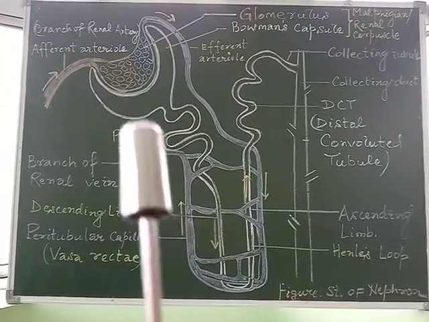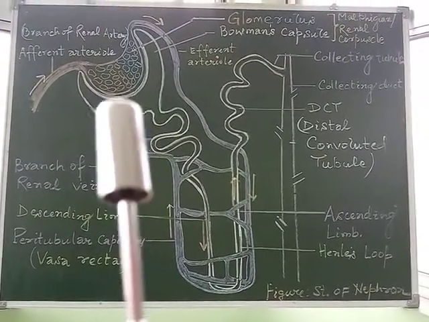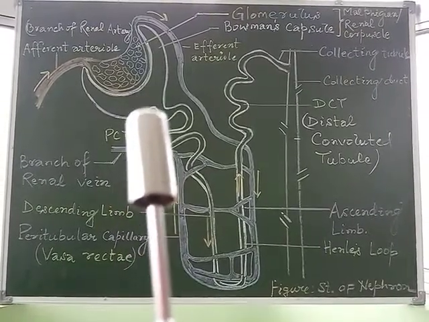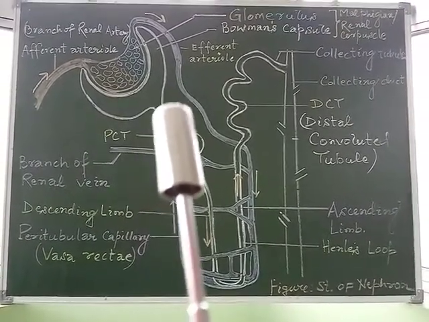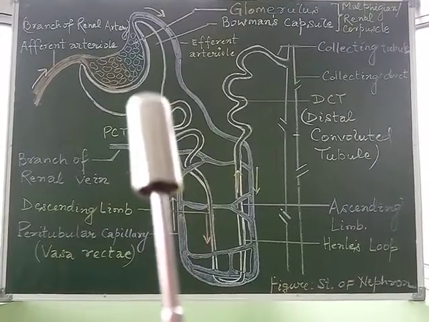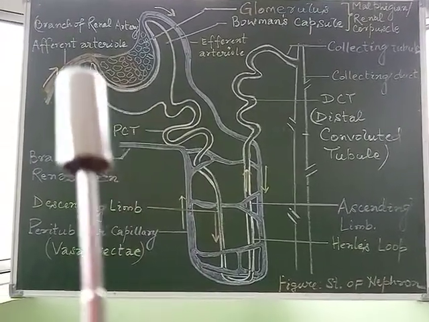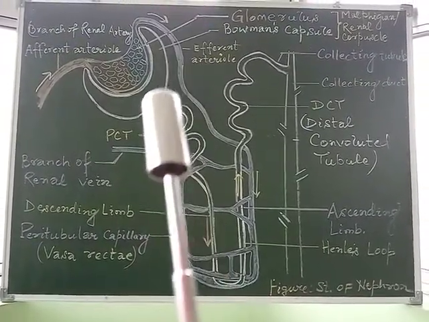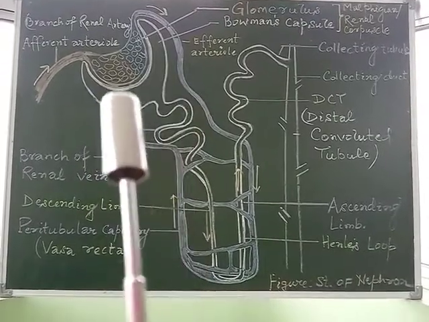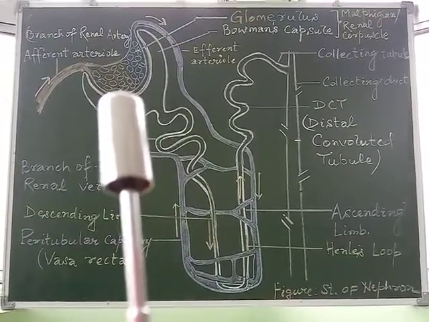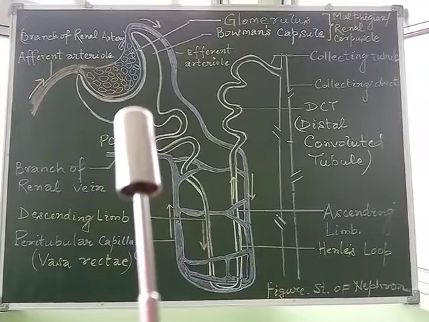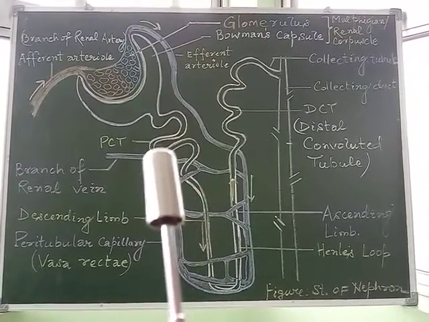If we calculate the amount during the entire day, we come to know that around 180 liters per day of glomerular filtrate is formed within the Bowman's capsule.